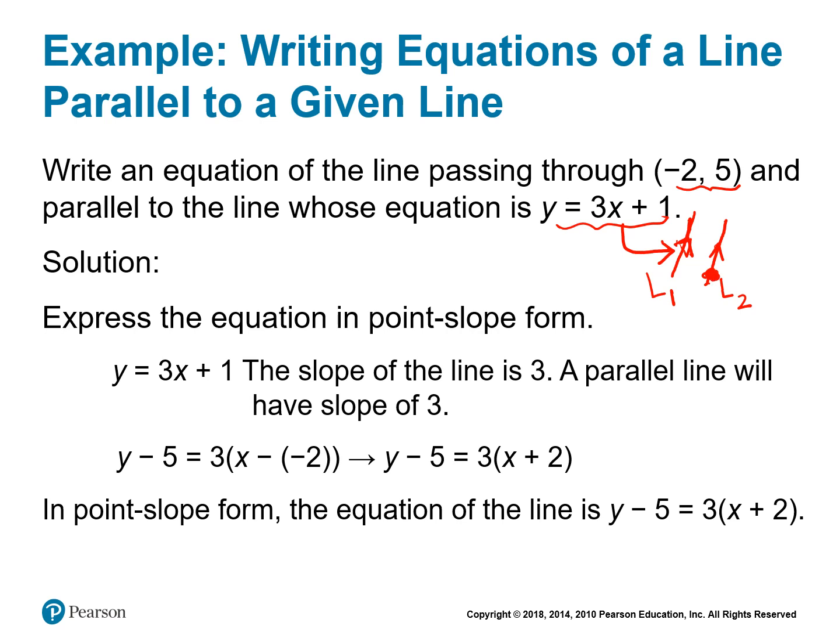Let's say here's the point. It's a point on line 2. So this point belongs to line 2, but this equation that they've given us is the equation of line 1.